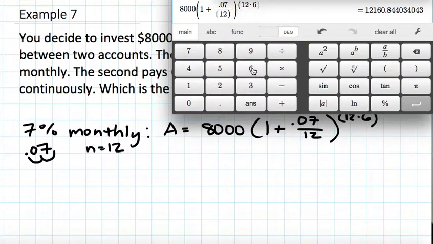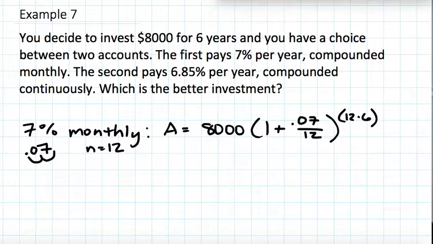That would work as well. So the answer that I get here is $12,160.84. So I'm going to write that.